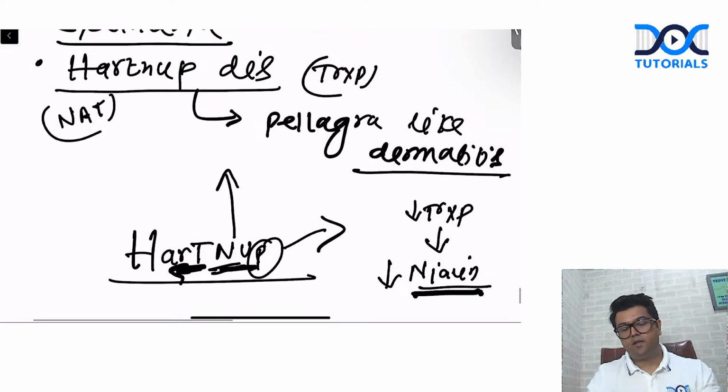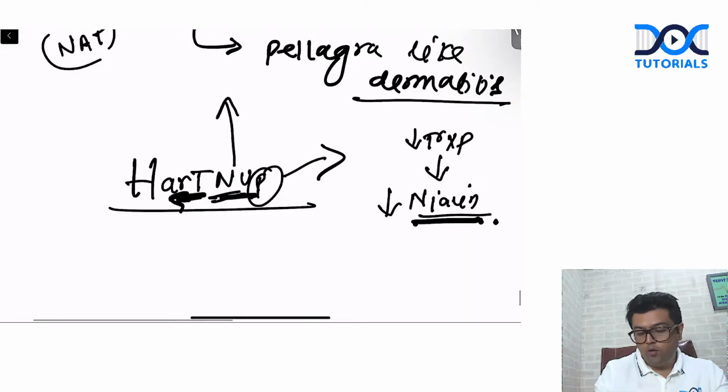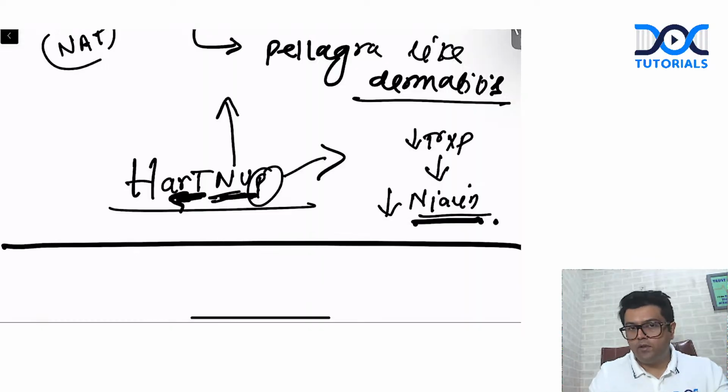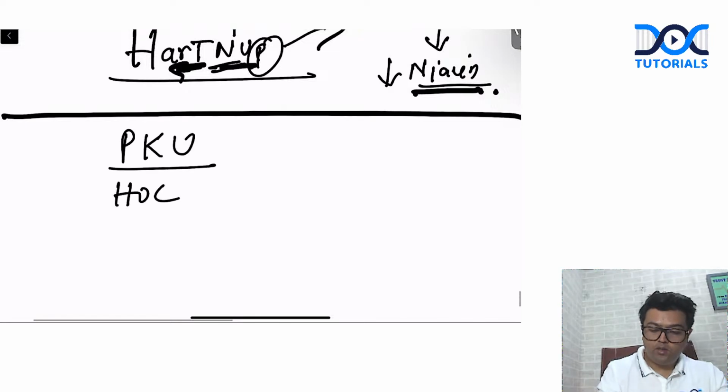So guys, that is the basics of all the important diseases that you should know in terms of amino acid metabolism. Most commonly in exams, still I will tell you that the PKU and homocystinuria and Alkaptonuria.